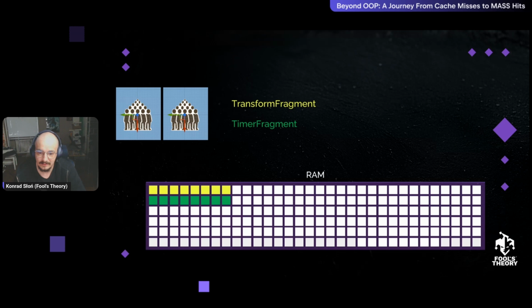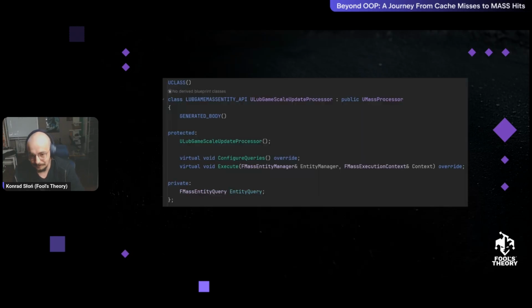So entity one will be this part of the memory, entity two will be this part of the memory, and thanks to that, if your CPU is loading it, you will have it in your cache pretty quickly, because it loads a lot of the data by one cache line and doesn't need to jump from place to place.